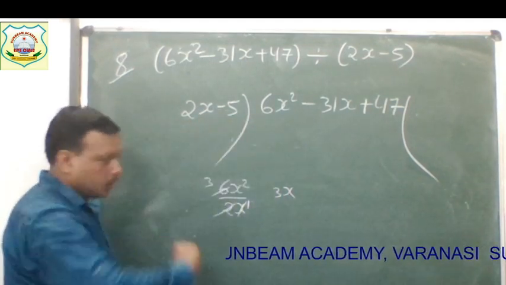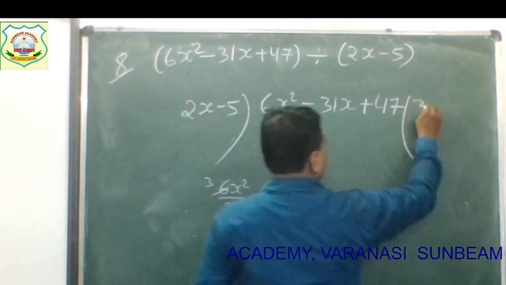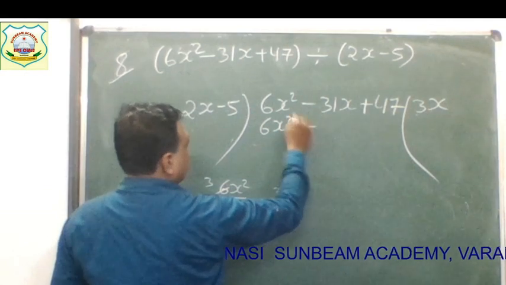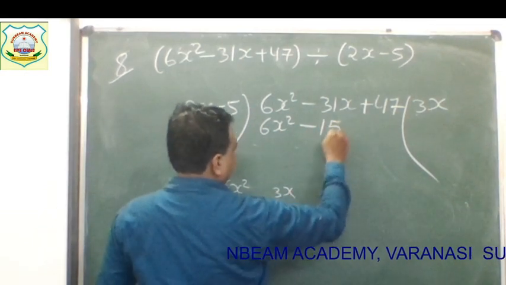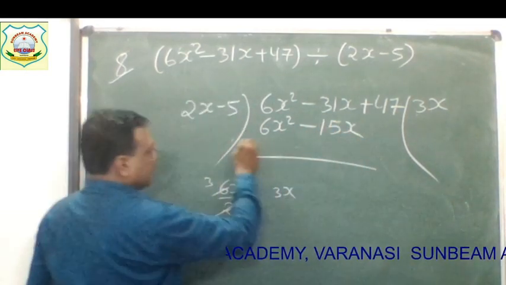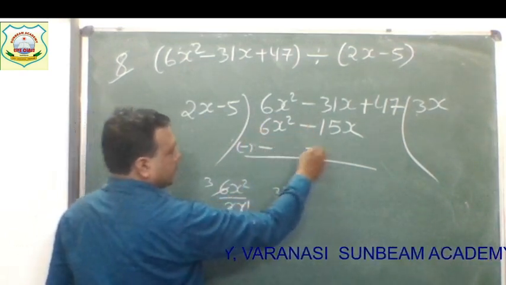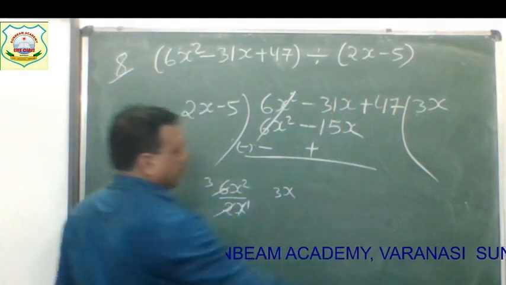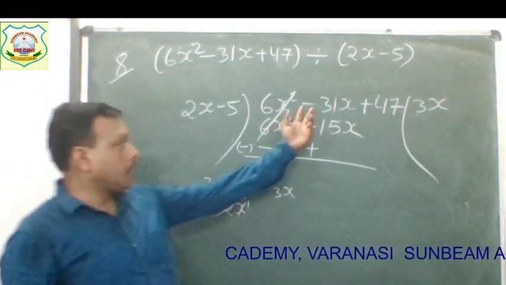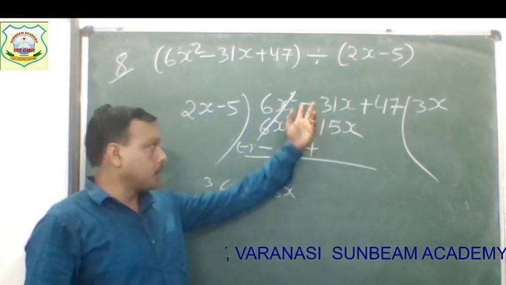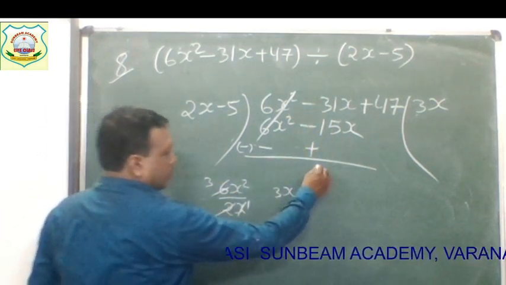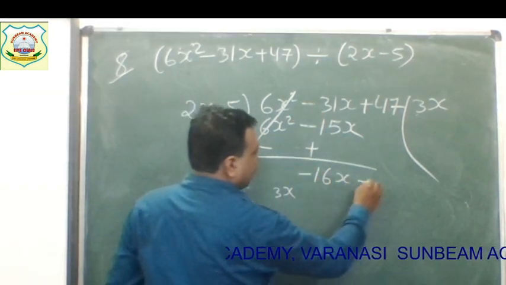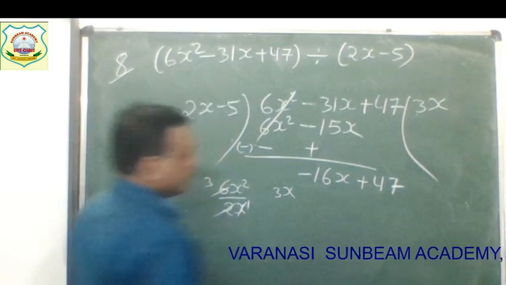So we write 3x. 3x into 2x, 6x square, minus 3 times 5 is 15x. Minus, so this is plus, then minus minus, that is plus. It will be cancelled. Minus 31 and plus 15, we subtract, we get 16 and the sign is minus, so minus 16x plus 47.